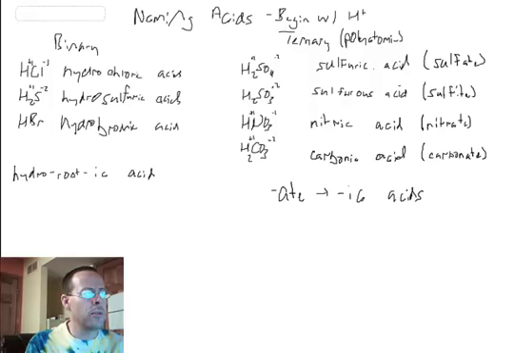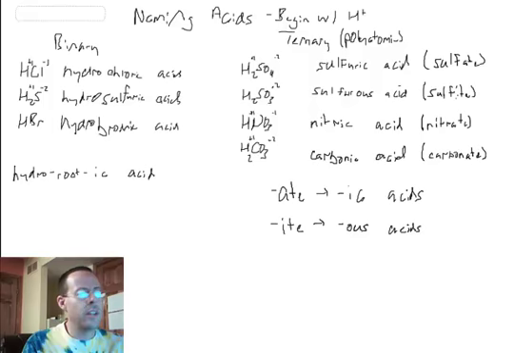Notice sulfate becomes sulfuric acid, nitrate becomes nitric acid, and carbonate becomes carbonic acid. The other thing we find is that ite-ending polyatomic ions become ous acids. Our one example up here was sulfite becoming sulfurous acid.